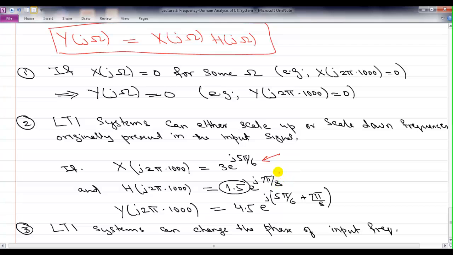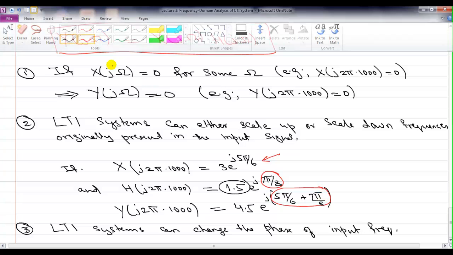Because your H(j2π·1000) had a phase of 7π/8, your new phase is 5π/6 plus 7π/8, and then you will wrap it by a factor of 2π. So it changed the phase of your output frequency. Okay? So it may not change the contribution of the frequency in your output, but it can change the phase of your output frequency. Okay? And that can have an impact if all the frequencies are not changed by the same phase.